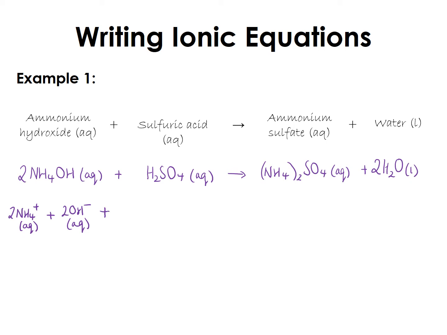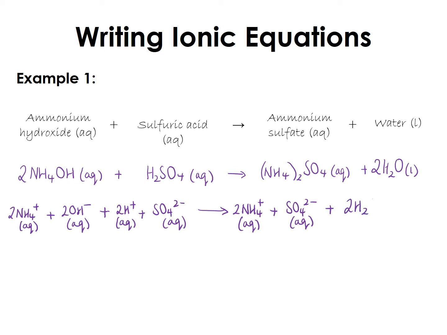Sulfuric acid would also dissociate into 2 H+ ions, (aq), and SO4 2- ions, (aq). Those things then react to produce on the right hand side 2 NH4+ ions, (aq), and SO4 2- ions, (aq), and the water is not dissociated, so 2 H2O liquid.